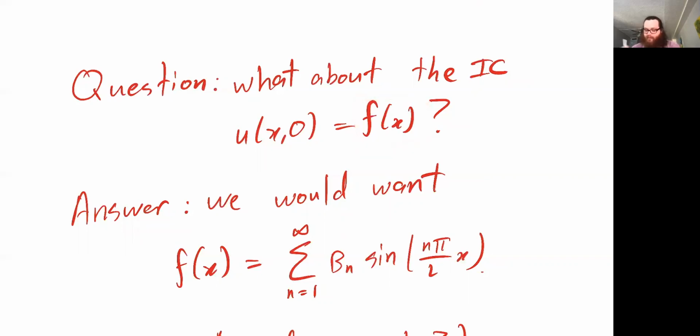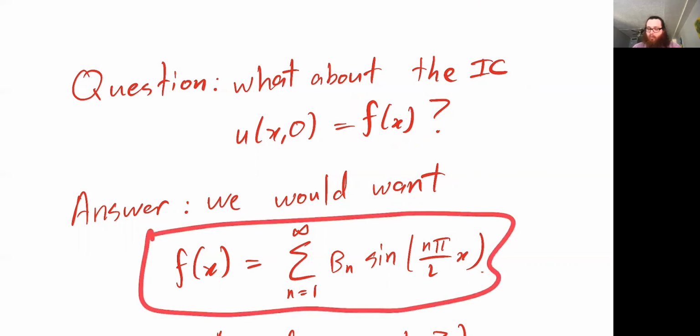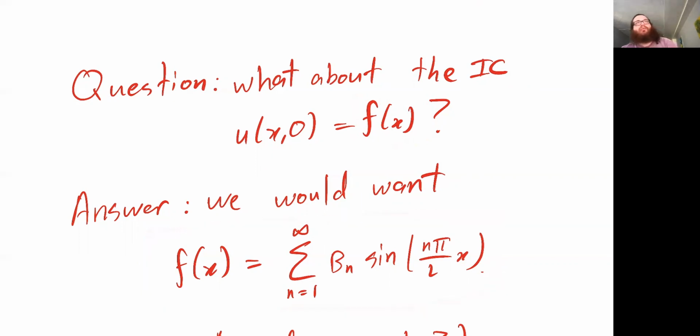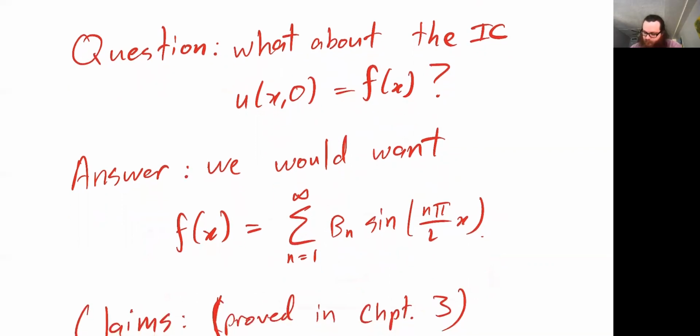Well, that's our end goal. That's what we'd like to say. So now the question we're going to ask is, in what situations does this equality hold true? In what situations can we write f as this linear combination of these sine functions?